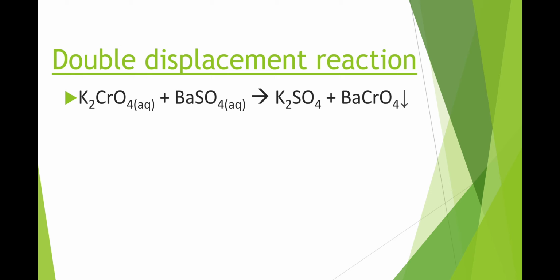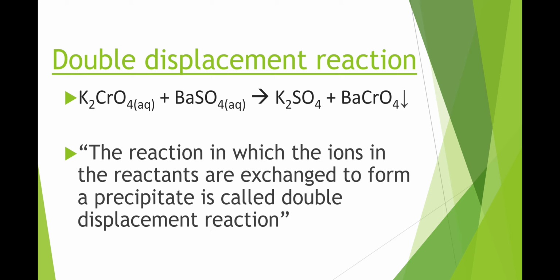From this reaction, what can you see? The reaction in which the ions in the reactants are exchanged to form a precipitate is called a double displacement reaction. I'll repeat. The reaction in which the ions in the reactants are exchanged to form a precipitate is called a double displacement reaction.